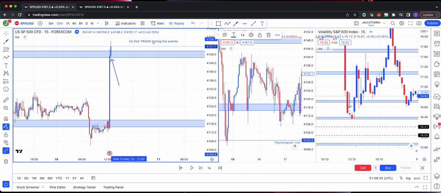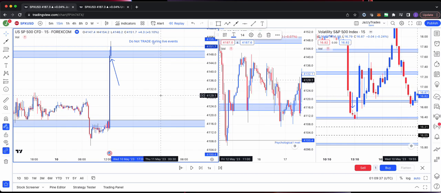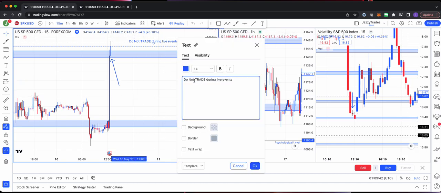Okay, this is why I would be reluctant to enter calls here. Point number one was do not trade during live events, right? So I would not have been trading anyways here.